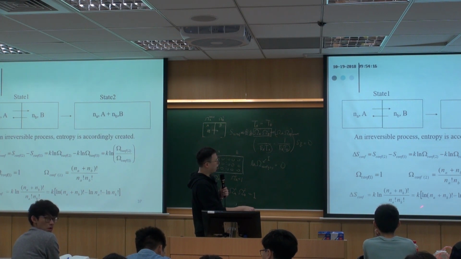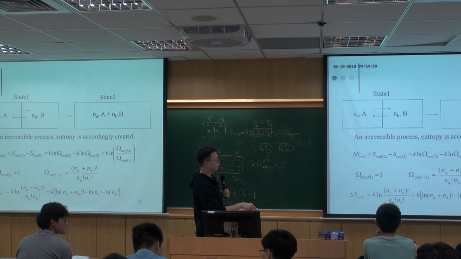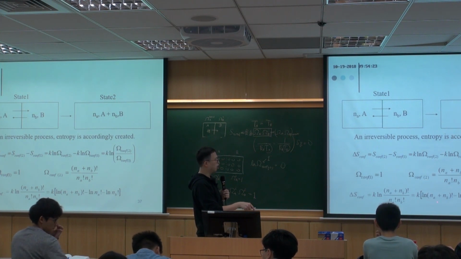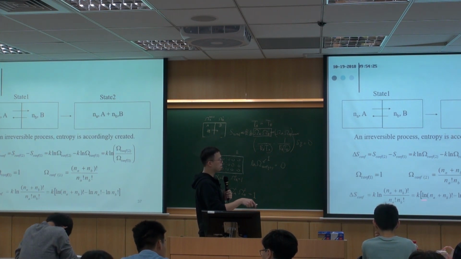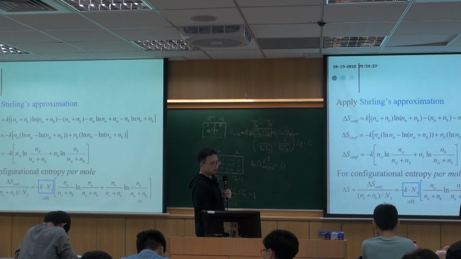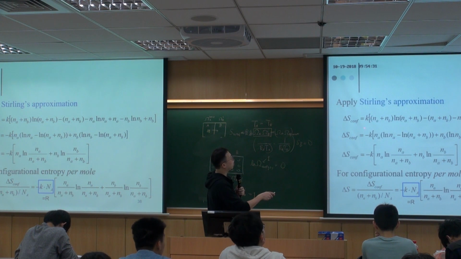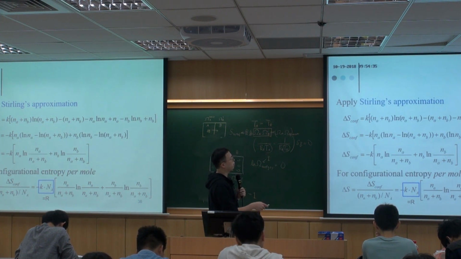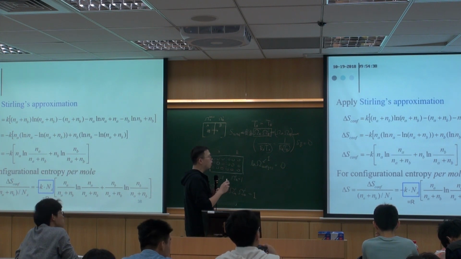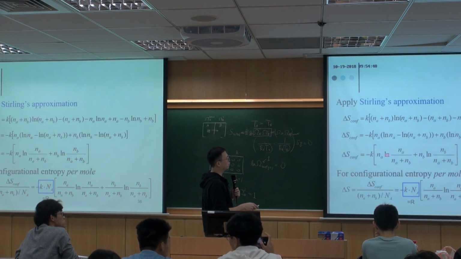So you only have to worry about the final state. And if you use Stirling approximation, then you can further simplify this one. So using Stirling approximation, we can expand the term. And there's some math that you have to go through to further simplify the form. Eventually, you'll arrive at this term.